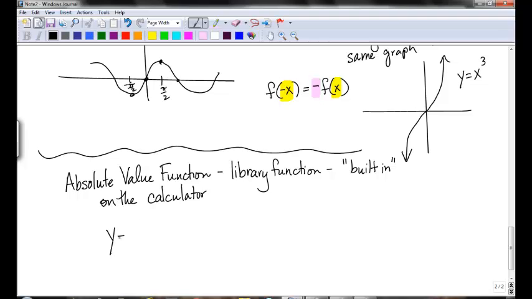It'll look like this on paper, y equals the absolute value of x, but on your calculator it's going to look like this.